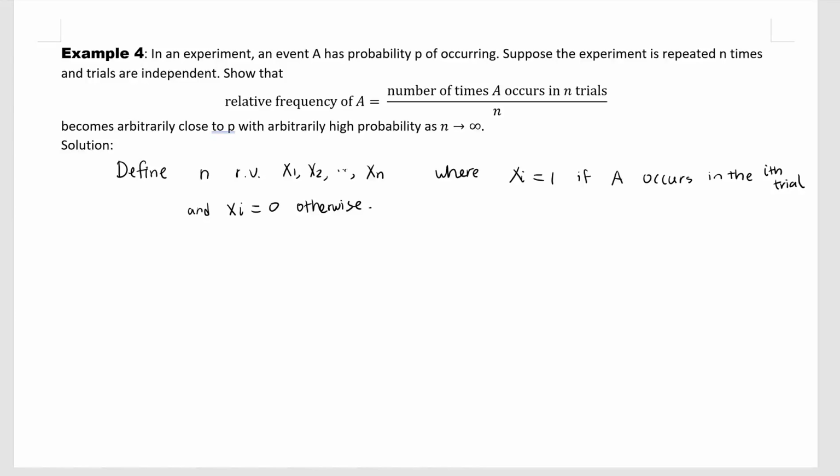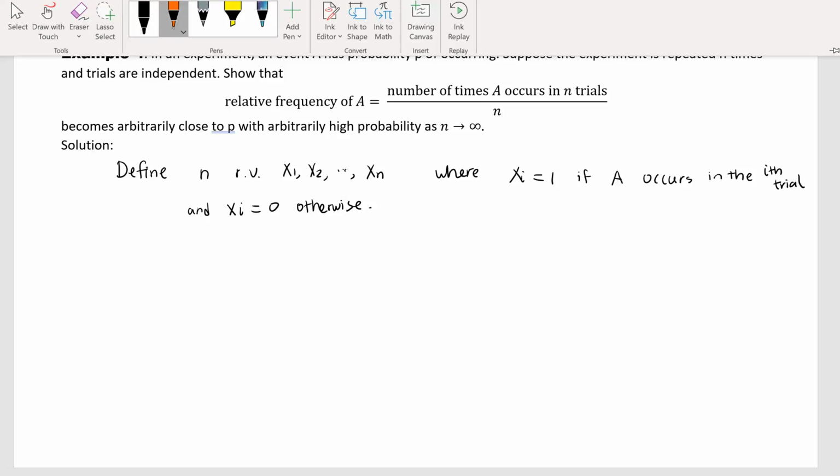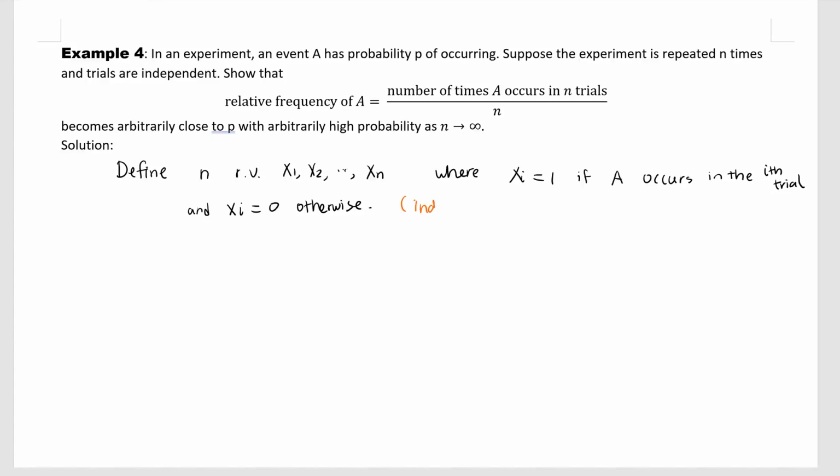Sometimes we call this xi an indicator random variable, because it indicates whether A occurs or not.